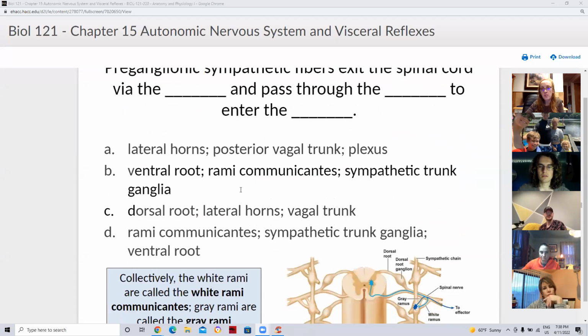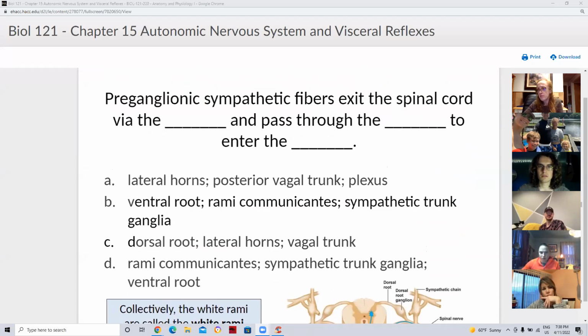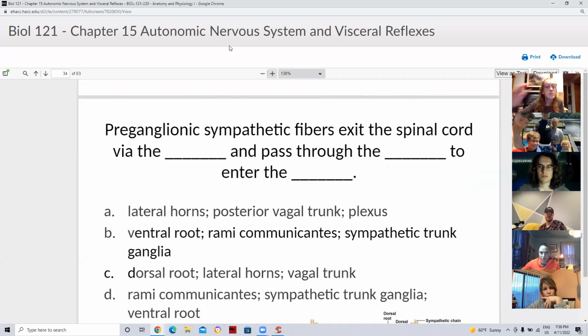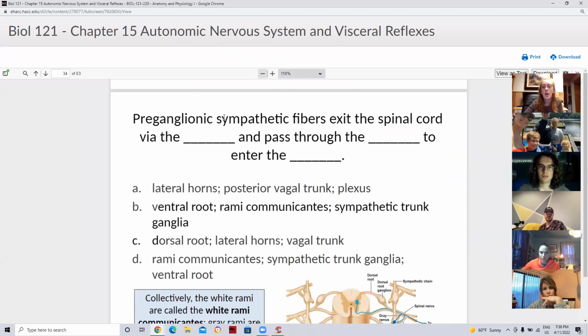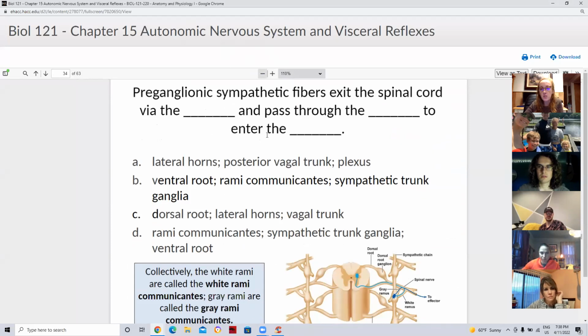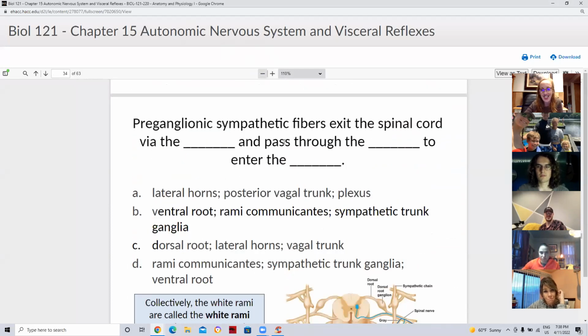Preganglionic fibers exit the spinal cord via the what, and pass through the what to enter the what? Is it A?